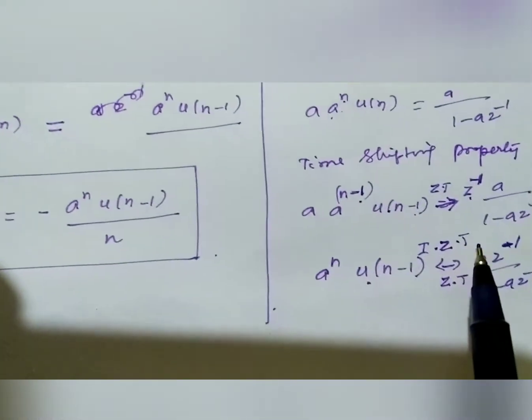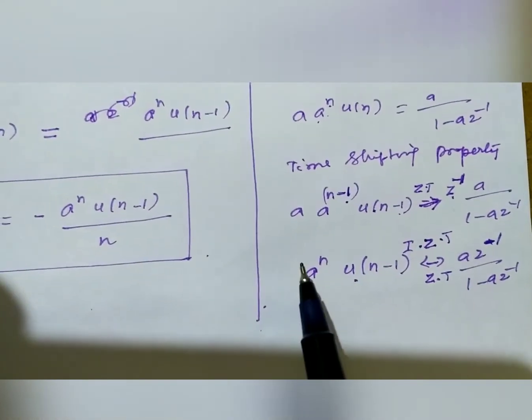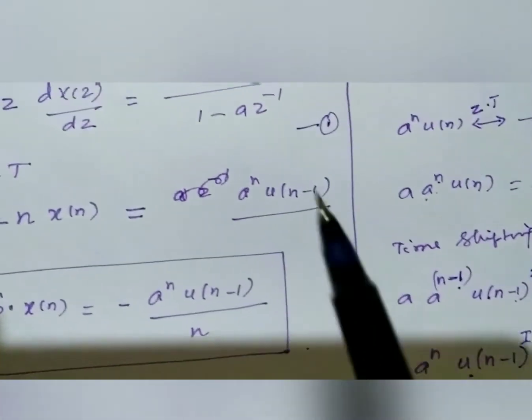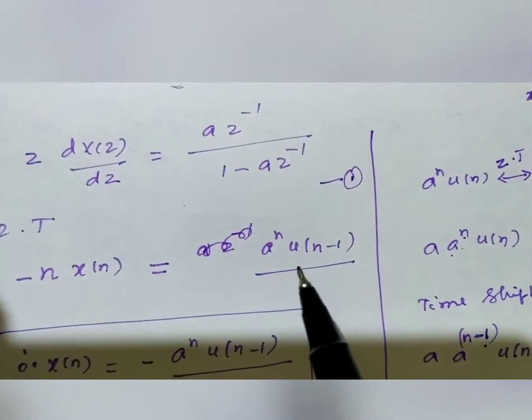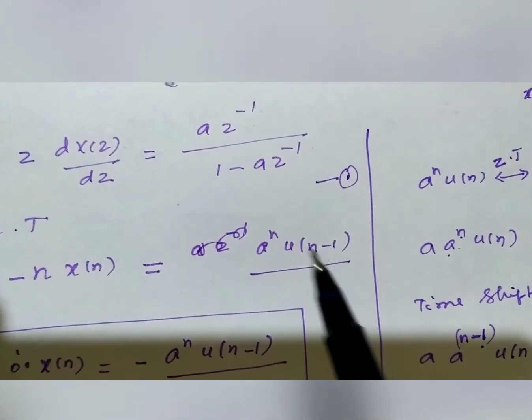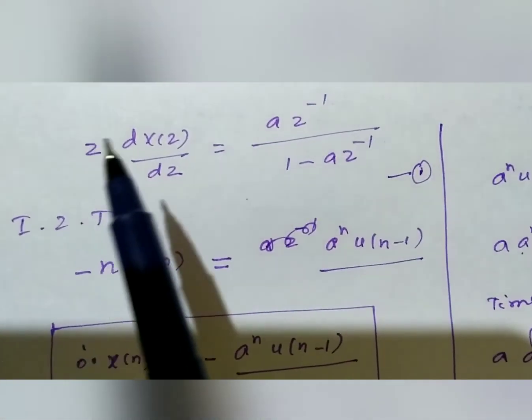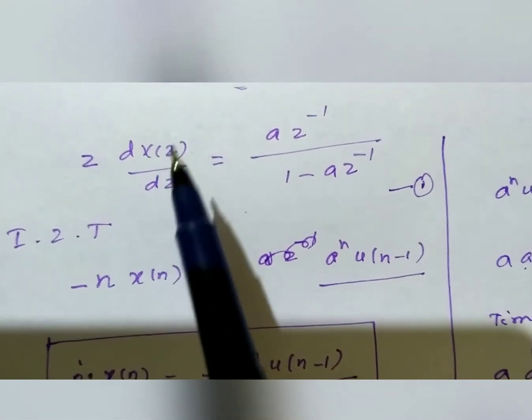So, back to equation 1. When you take the inverse z transform on both sides, according to this, we can write a^n u(n-1) for the right side. Now come to the left side, where we have z times dX(z)/dz.